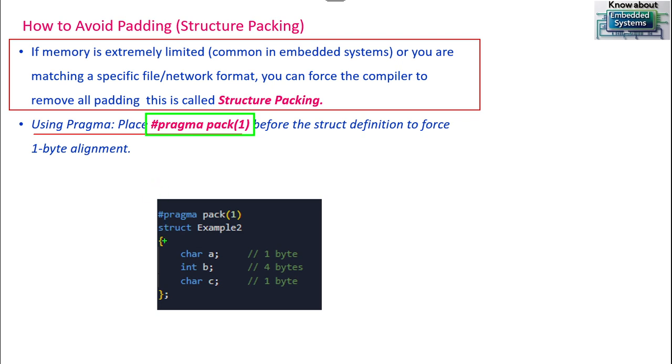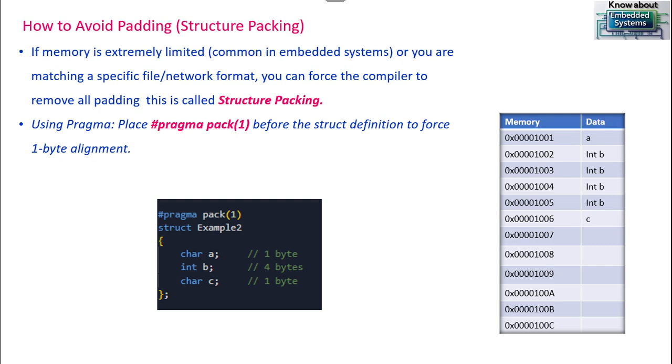So here you can see I have taken an example. In this example, a very straightforward definition, we're using example number 2. This is one more structure, similar to the previous one: character A, integer B, character C. But the important thing here is that this time I'm going to use hash pragma pack.